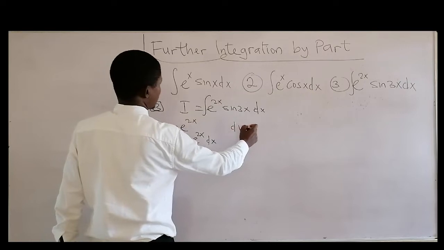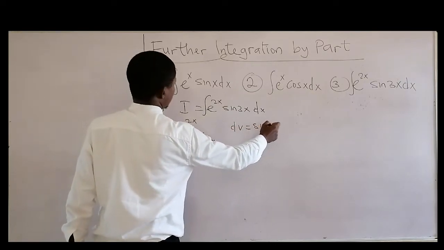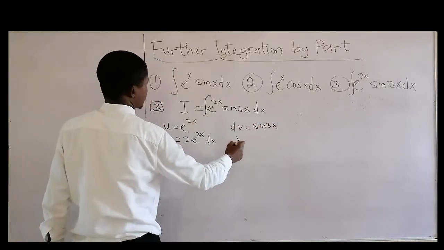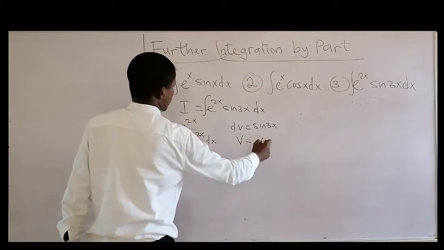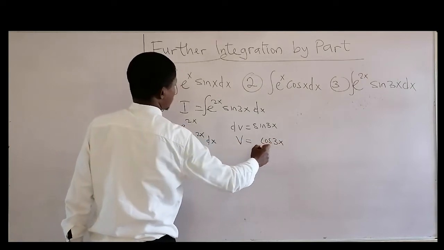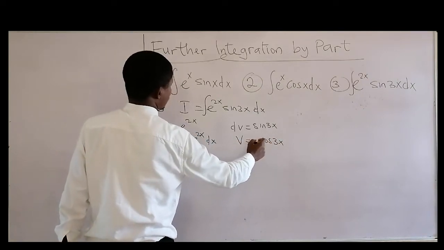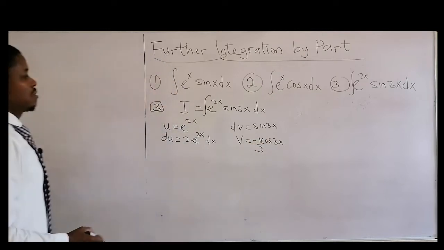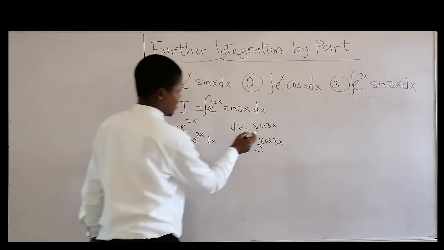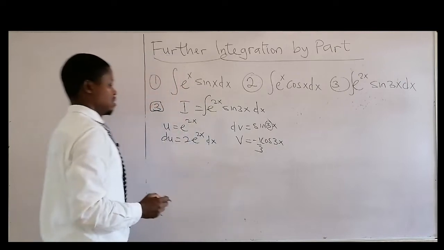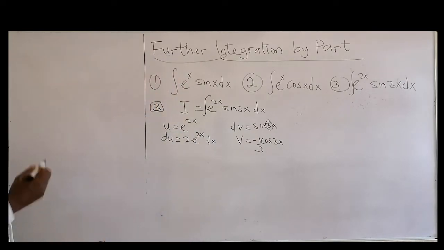Then the v is equal to sine 3x. So integrate both sides. V equal to what? Cos 3x minus 1 over 3. You divide by the constant attached to the variable. And the integral of sine is minus cos.